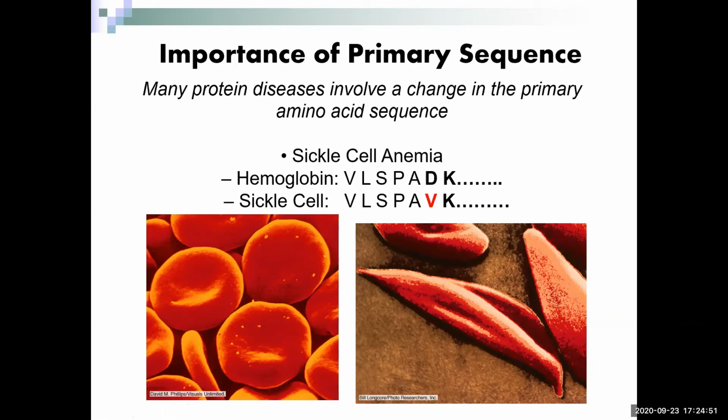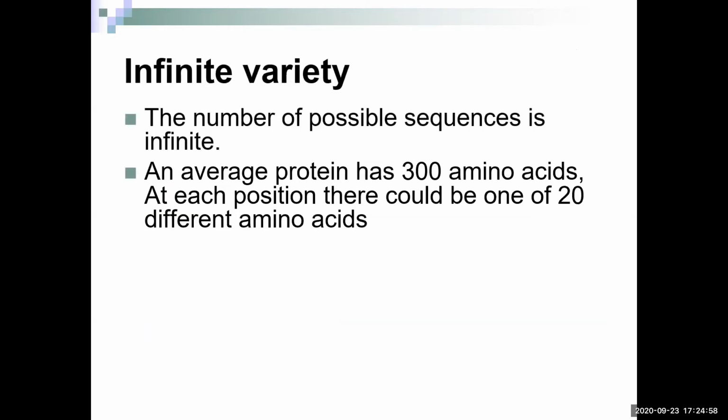So, those are some examples. So, again, since we have a lot of amino acids and we can combine them in whatever position na meron, as long as correct na position siya, the number of possible sequences is infinite. So an average protein has 300 amino acids.